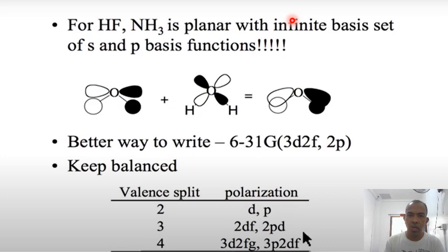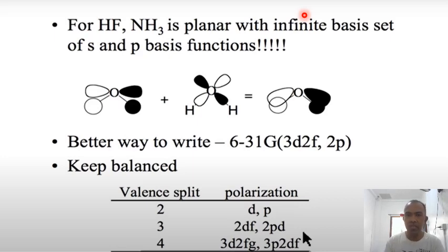So the more rigorous way to describe the basis function set tends to be not with the stars, and one should try to avoid saying something like 6-31G star, but instead just specify 6-31G(3d) or (2f,2p). That means that on all the heavier atoms I'm going to put in 3d polarization functions and 2f polarization functions.